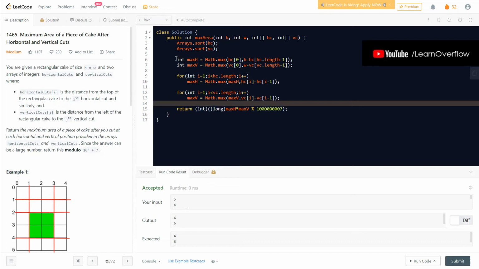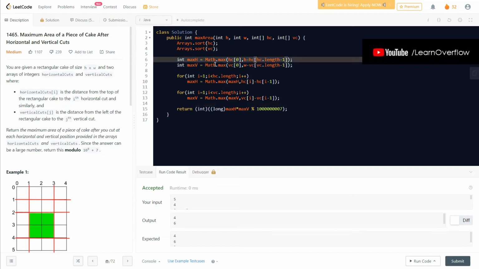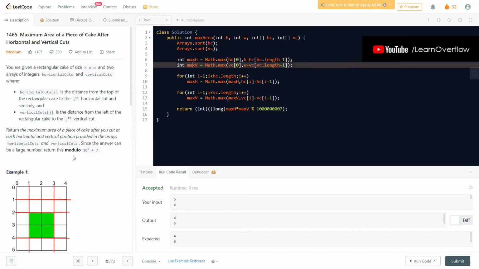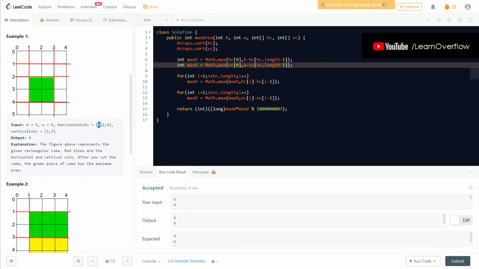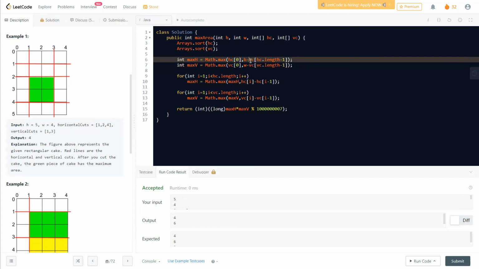Let's try to understand what these two lines we have over here. We didn't initialize max h or max v directly with a 0 or AC of 0 or anything like maximum anywhere. But why did we do such a big operation? The main thing is here, look exactly.